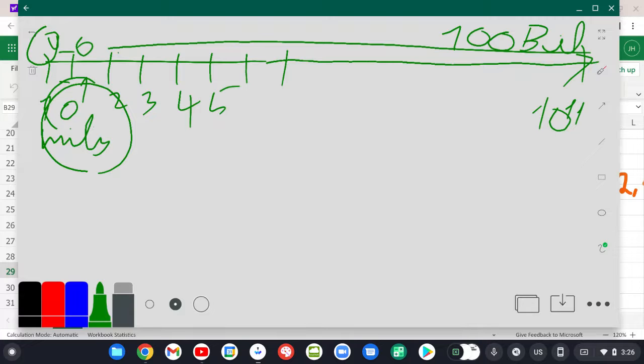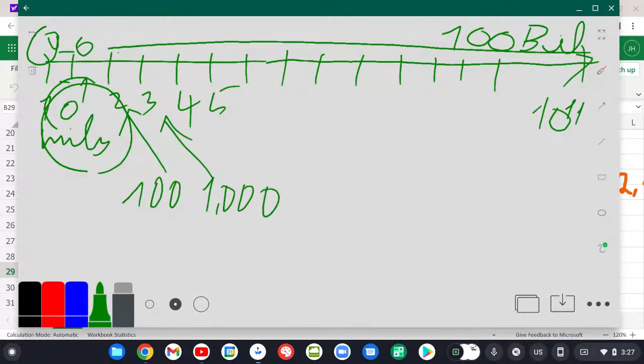No, that's the normal scale. But if we use a logarithmic scale, then 1 is 10 to 1, 2 is 10 squared, so 2 means 100, 3 means 1,000, 4 means 10,000. So this way, when we get to 6, 7, 8, 9, 10, 11, this point is 100 billion miles.